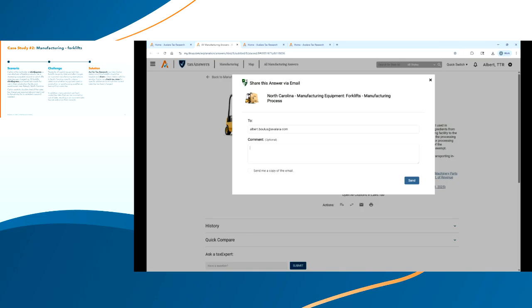And we're going to say, hi, please take a look at this citation. We are using 5 of 10 of the forklifts in invoice number 1001 in our production area. Can you issue a revised invoice?